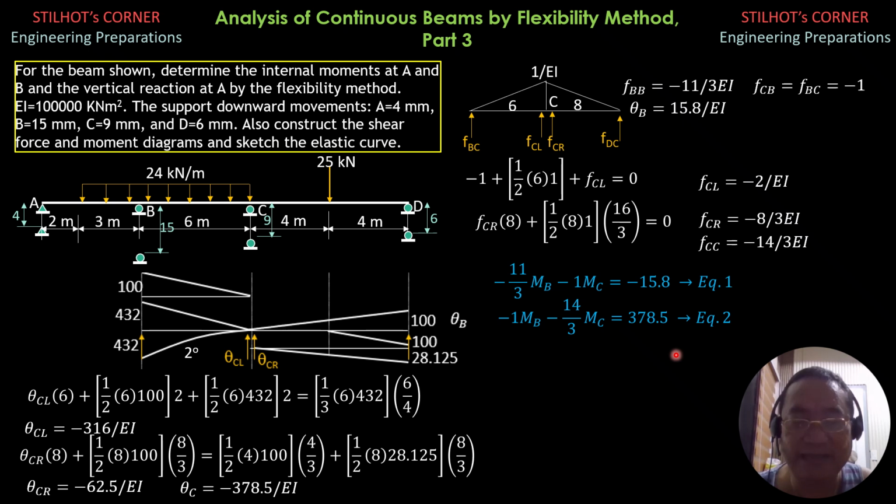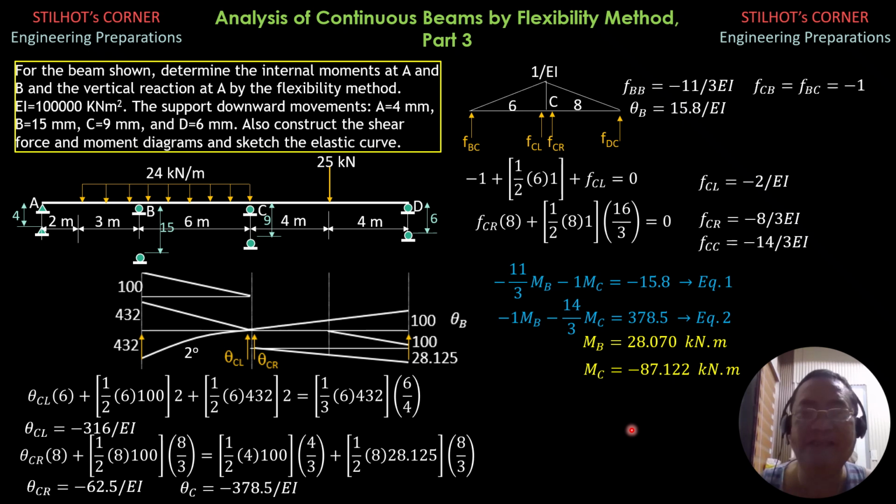We are only interested in MB and MC because I already solved this by multiple methods in preceding videos. The rest would be statics and similar steps. So MB is equal to 28.07 kilonewton meter and MC is negative 87.122 kilonewton meter.